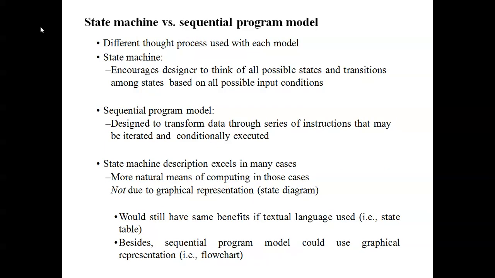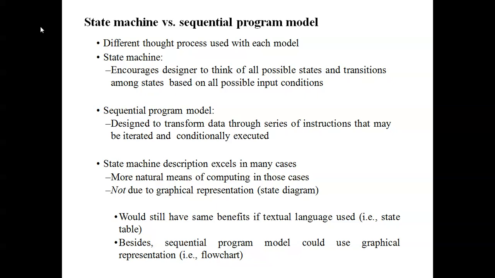State machine and sequential program model. The state machine covers all possible state transitions among the states based on all the possible input conditions. A sequential program model transforms the data through a series of instructions that may be iterated and conditionally executed.